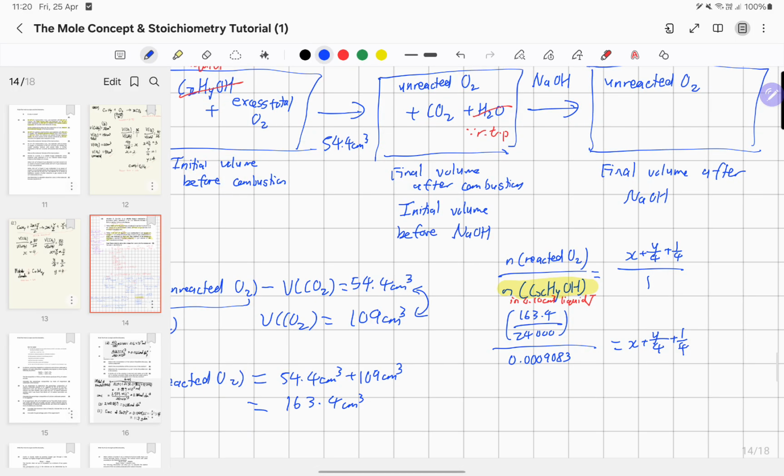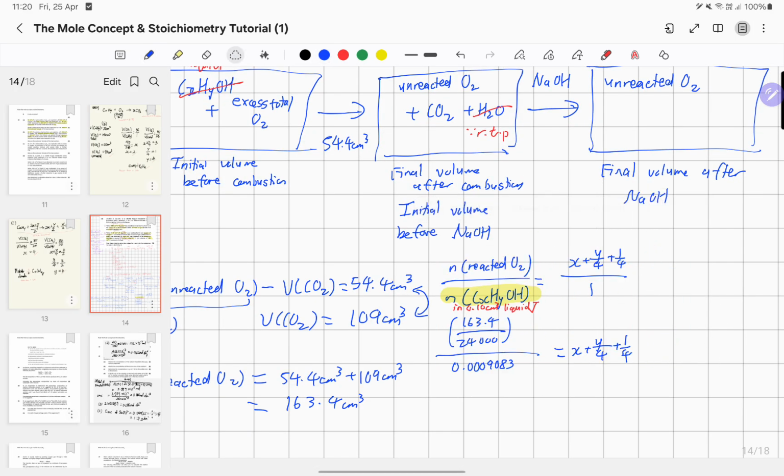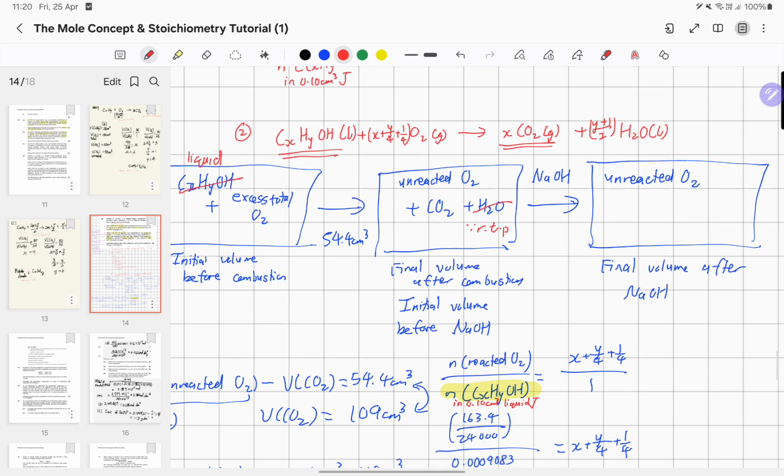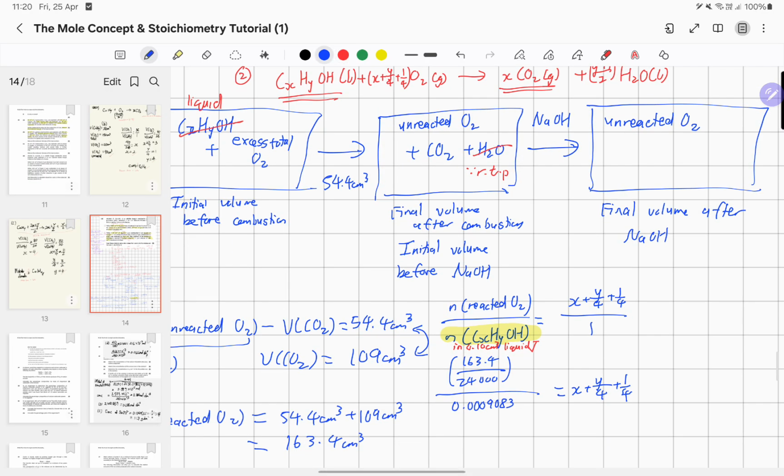And then you already form one equation over here. Again, there's also another equation you can form. The thing is that you have two unknowns over here, so you have to find something else to base this off. Alright, so notice that I have the carbon dioxide volume and also the number of moles of alcohol J. So in that sense, I can form another equation over here, nCO2 over nCxHyOH, just to find x.